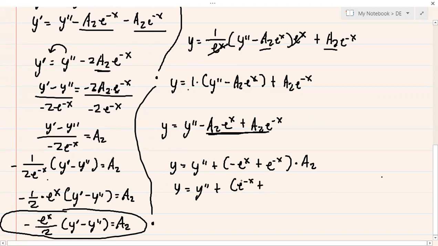Oh, it's reversed. Oh, okay, let's just keep it. It's still the same: e raised to negative x minus e raised to x. I just reversed their positions. It's still fine. Then here we will have negative e raised to x all over 2 times y prime minus y second prime. And that's it.